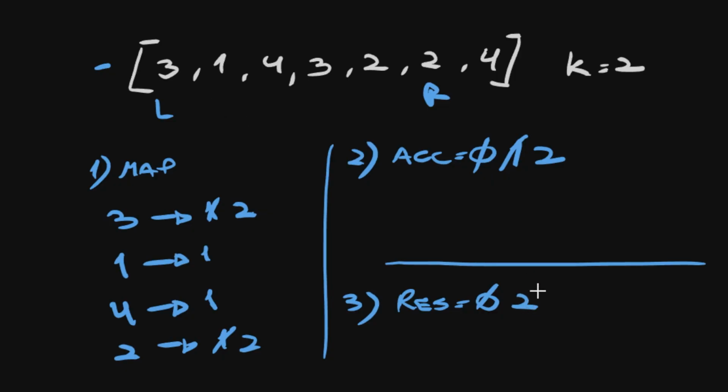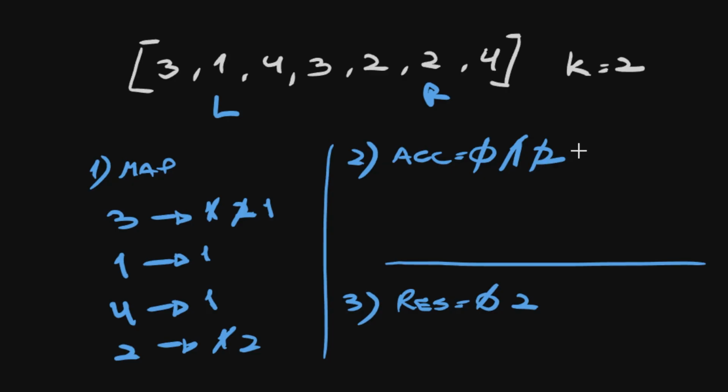And once we have done this, we want to update the left pointer, and now we want to subtract a 3 from the map, so now we have seen the 3 one time, and we want to subtract the remaining 3's from the map, which is only 1, from our accumulated values.